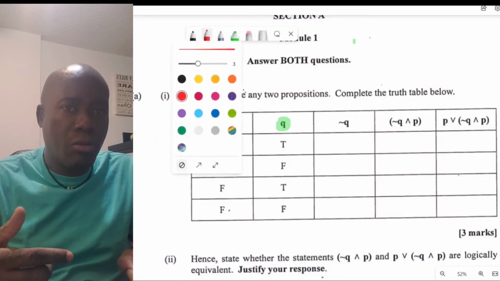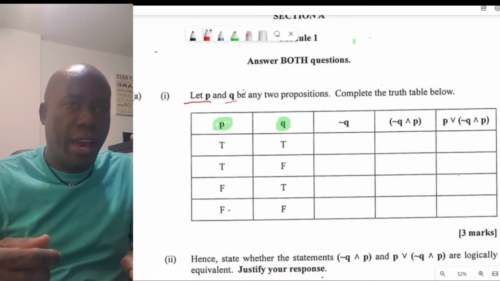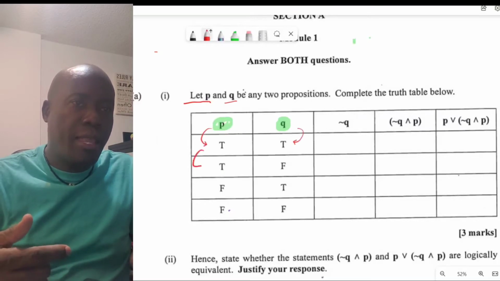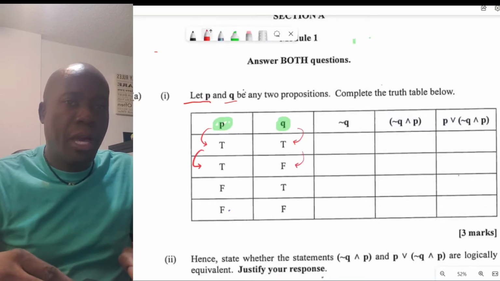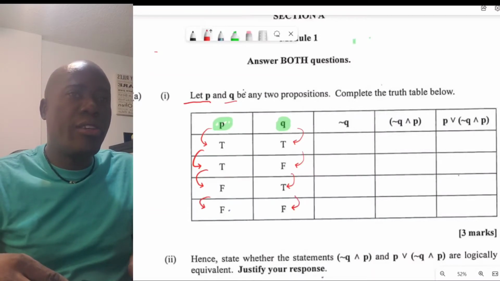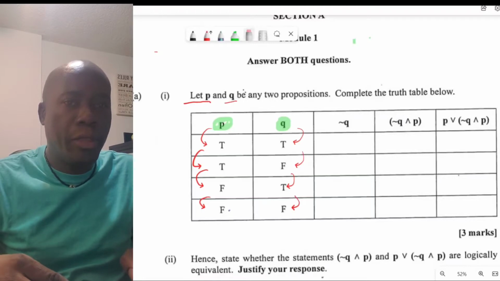P is true and Q is true. It could be that P is true and Q is false. It also could be that P is false and Q is true. Or both are false. So those are the possible outcomes.